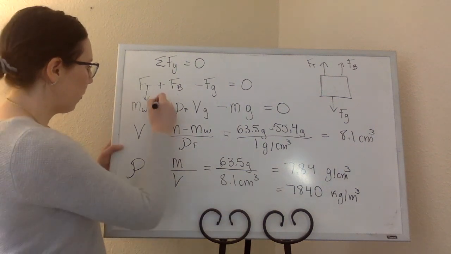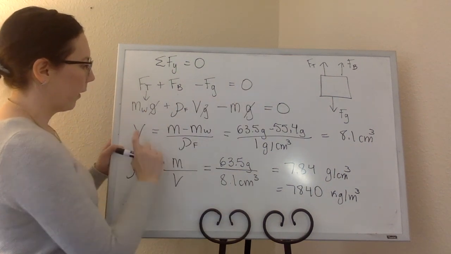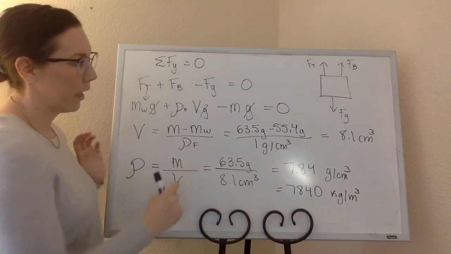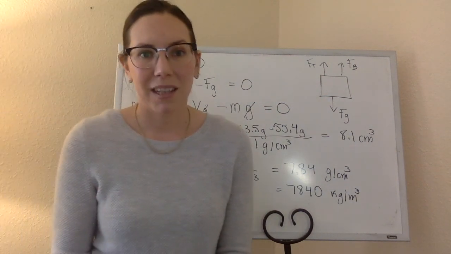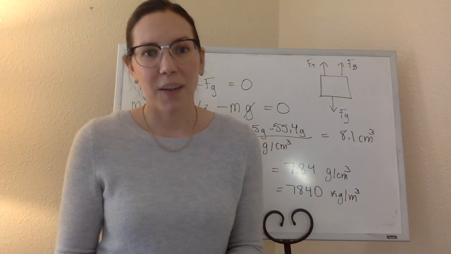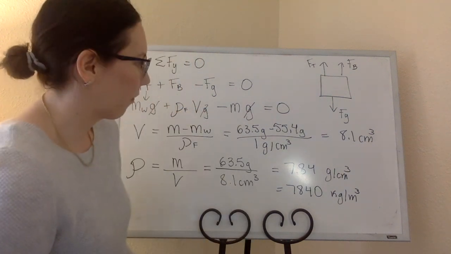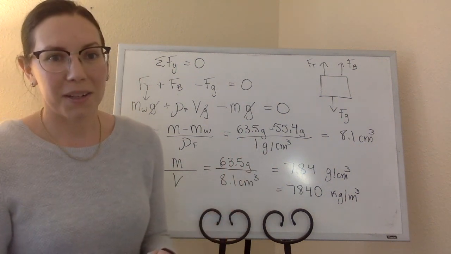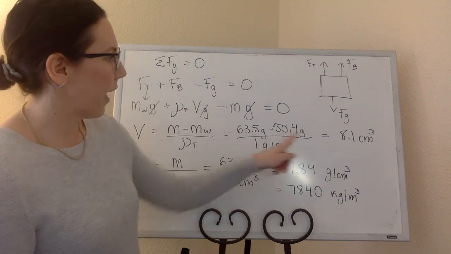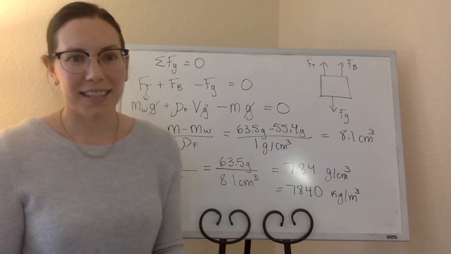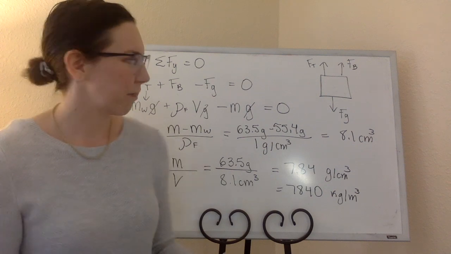Okay, so g will cancel, and solving for the volume again, we have the difference in the masses over the density of the fluid. We're given the masses in grams, so I might as well use grams per centimeter cubed here for the density. You could convert to kilograms. It's very similar. So the density of water is 1 gram per centimeter cubed. So dividing that, we get 8.1 centimeters cubed for the volume of that object.